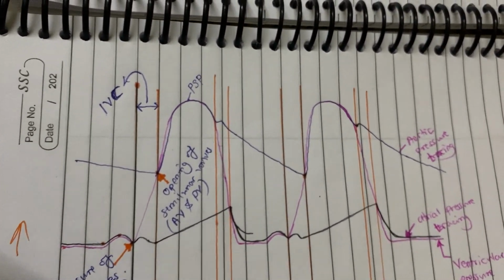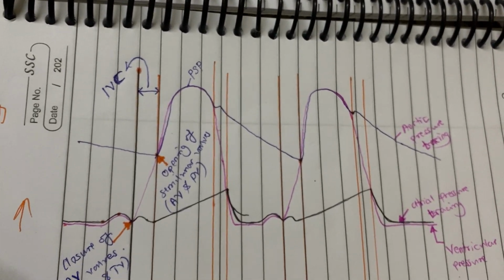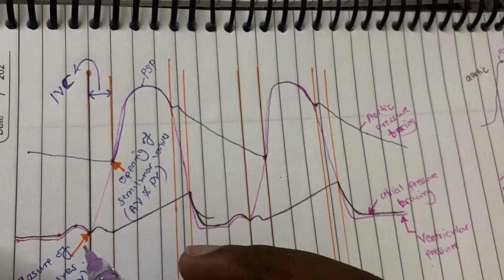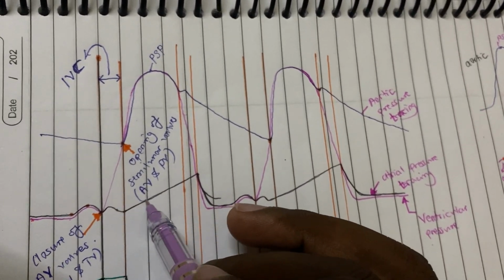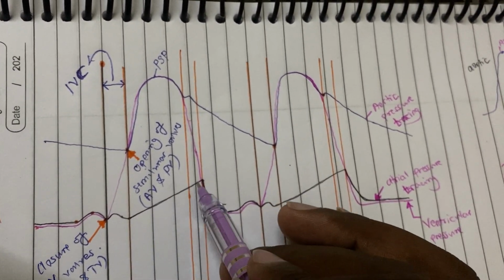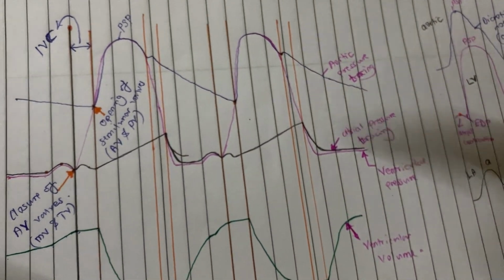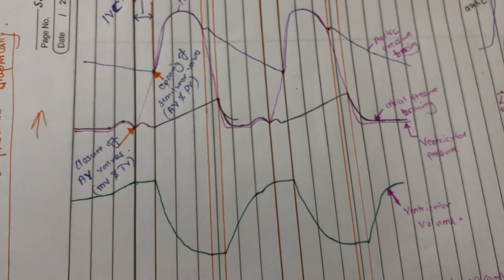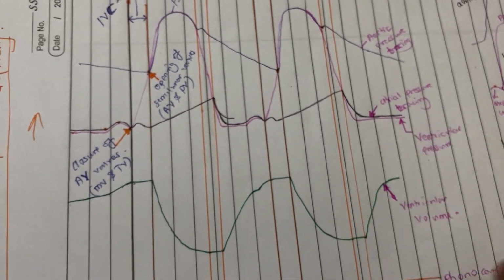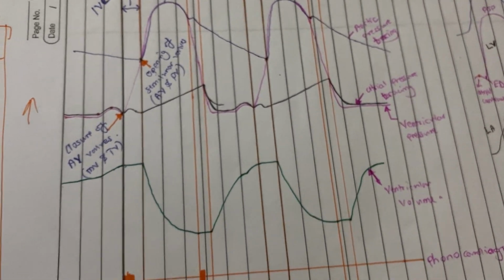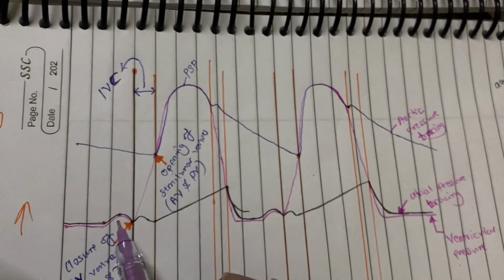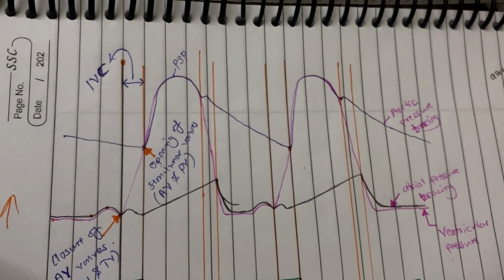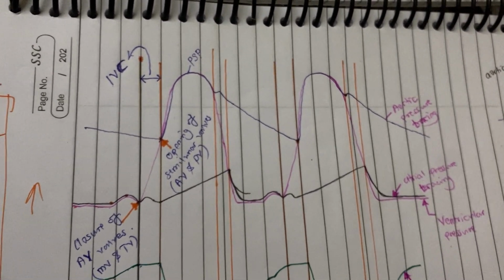Whenever chambers are emptying, the pressure keeps on decreasing. So the atrial pressure is increasing. That's what I was telling you the other side, that during ventricular contraction and isovolumic relaxation, the atria are in their filling phase. So we are not labeling anything about these ones. We shall see it later.